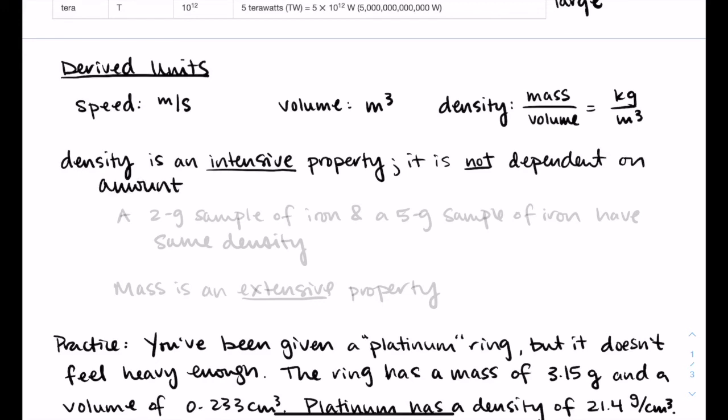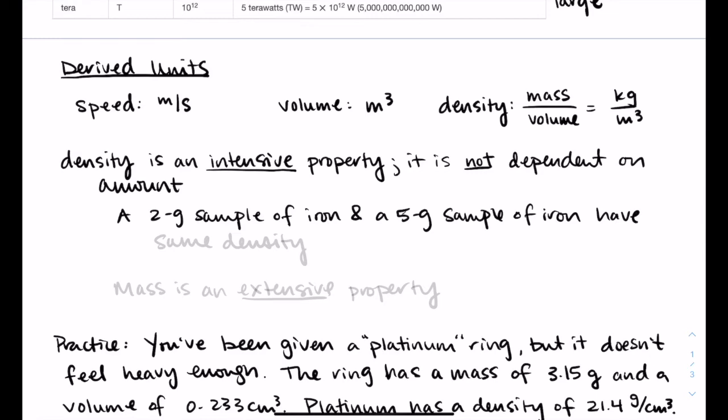So, for example, if you had a 2-gram sample of iron and a 5-gram sample of iron, they have the same density because they have the same identity, right?